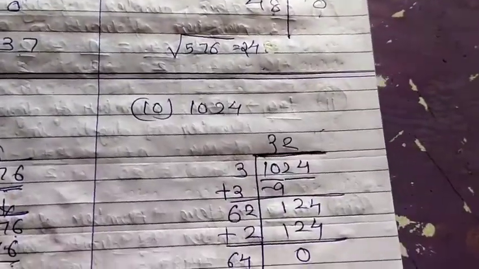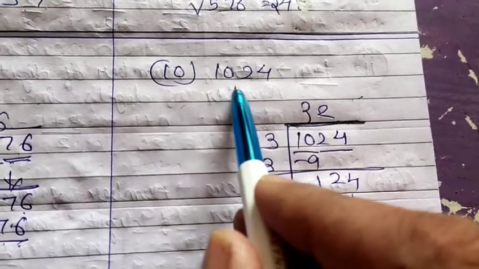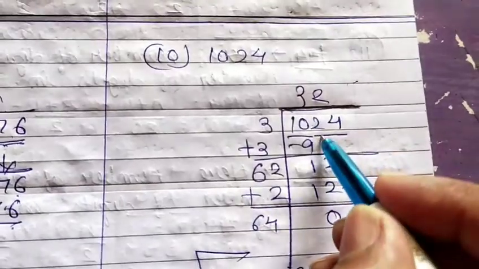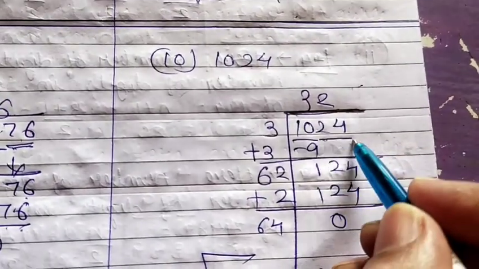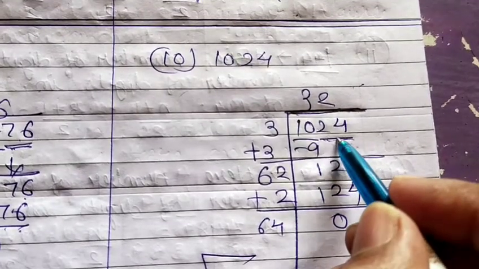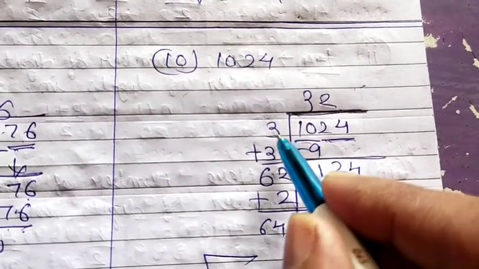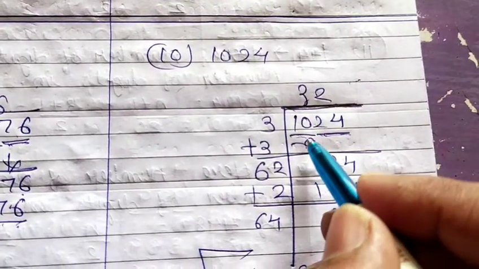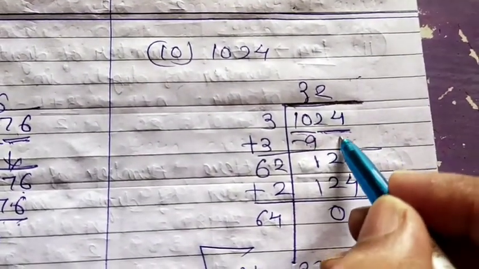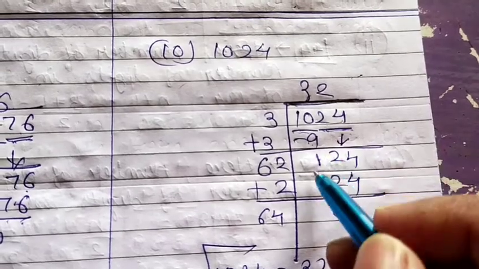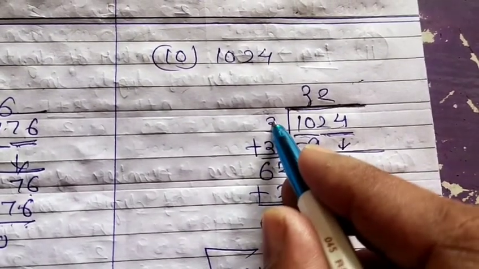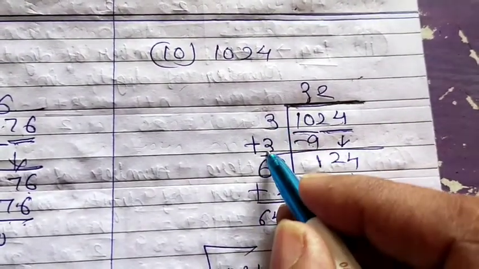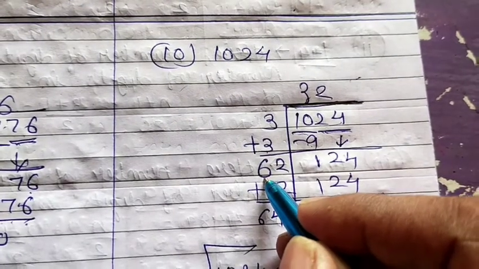Now let us see the next sum, 1024. Now dear student, here put a bar from the unit place, put a bar below the pair. Here 10 is there, so you have to take 3, 3 threes are 9, because 4 fours are 16, more than 10. So 10 minus 9 gives 1, and bring down the number which is next to the bar, both the numbers. Now whatever number you have taken over here, the same value you have to add, so it will become 6.